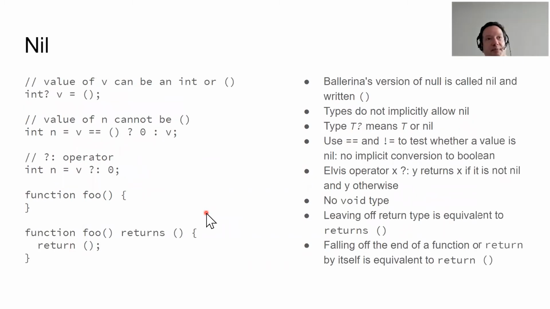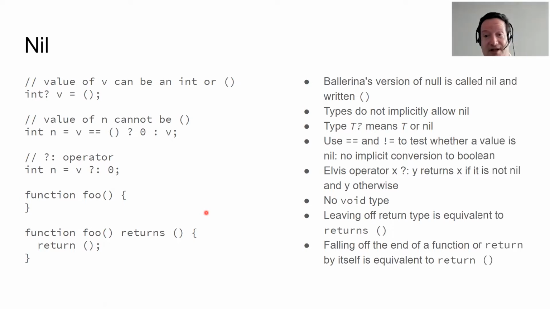Okay, nil. Nil's a little bit more interesting. So this is our version of null, and we call it nil, and we write it with empty parentheses. The reason we don't call it null is it's quite a bit different from the C family null. First big difference is that types do not implicitly allow nil. If I say this is a string, it can't be nil.